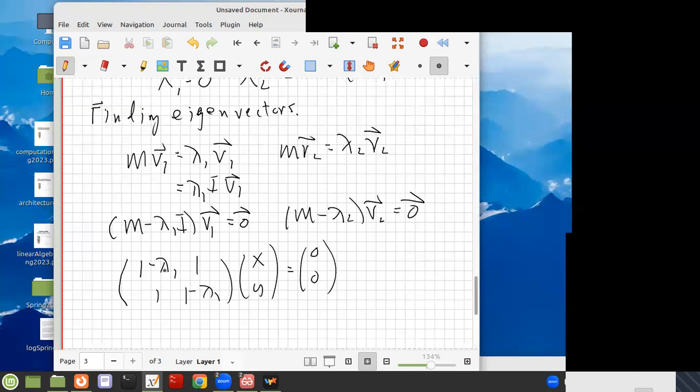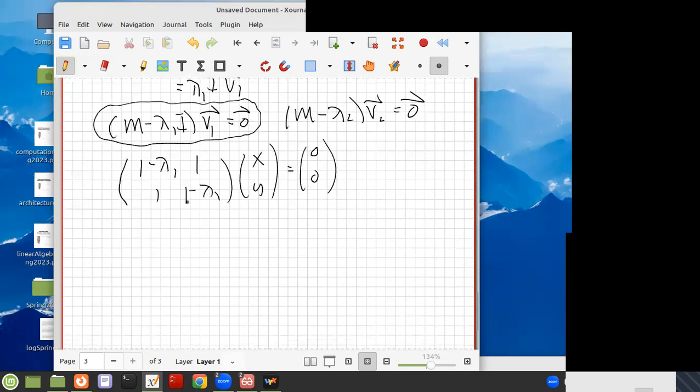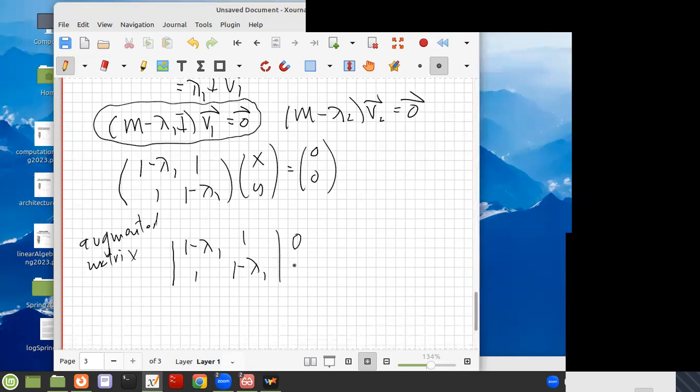I've just taken the original equation, so it's just this form here. Once I have this form, I have a linear system. That means here's the augmented matrix for this system: 1 minus lambda 1, 1, 1, 1 minus lambda 1, and 0, 0.